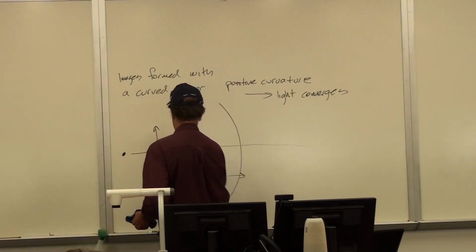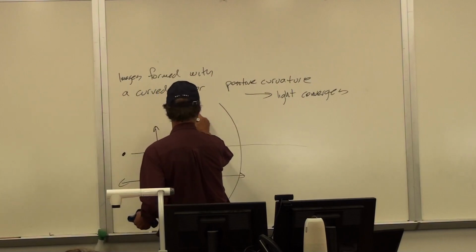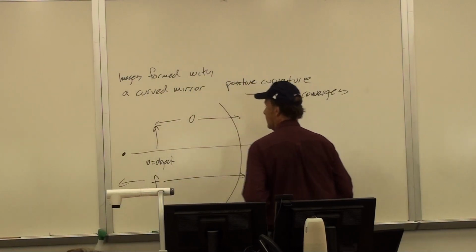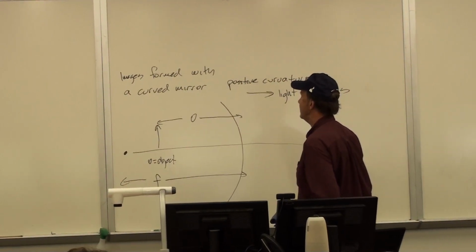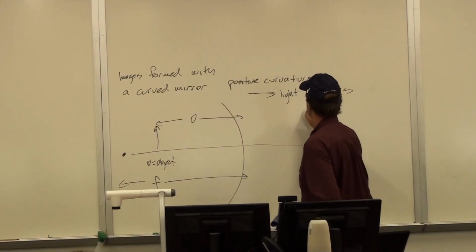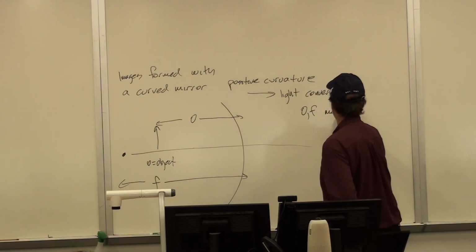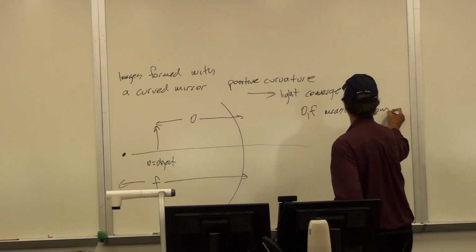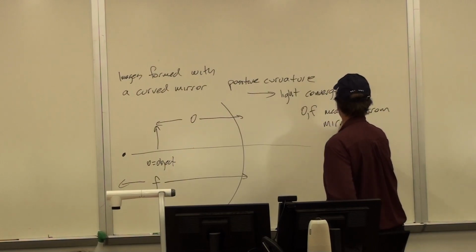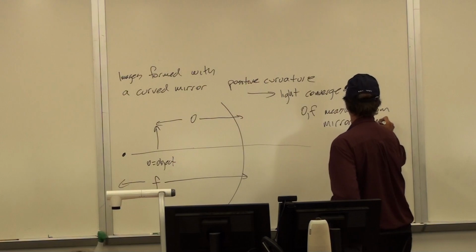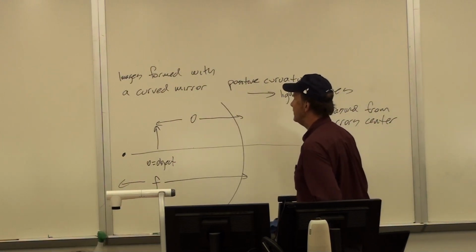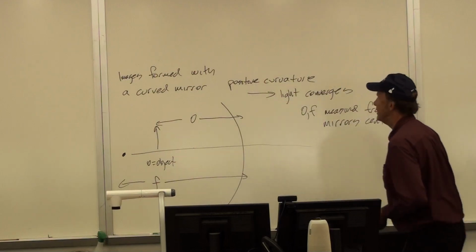So here's the focal length, here's the object distance. O and F are measured with respect to the center of the mirror. Then we're going to want to form an image. So how do we form the image?